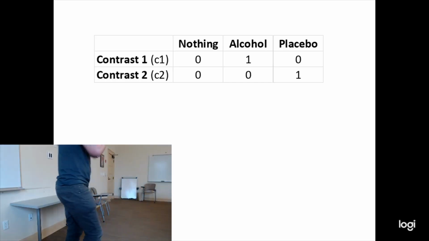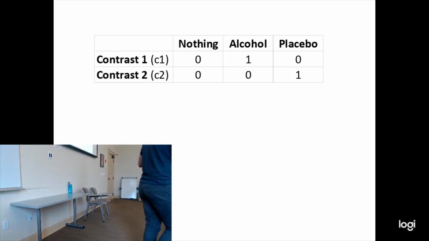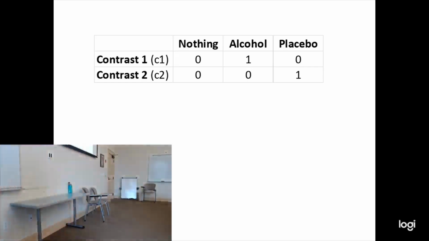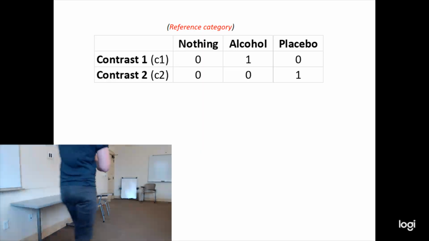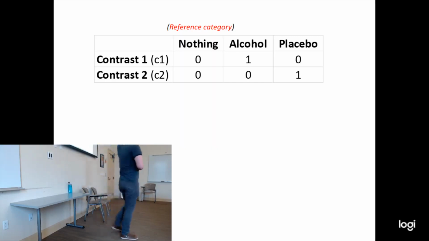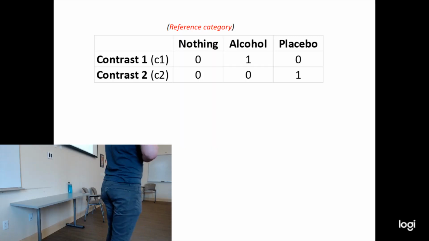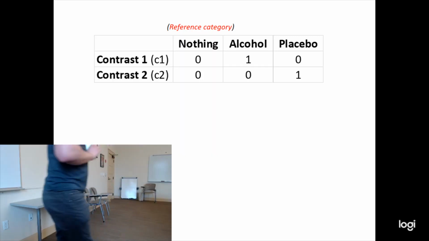There are a couple of differences between this coding scheme, this set of contrasts, and the sets of contrasts that we've worked with so far. First, a bit of terminology. This category that gets zeros the entire time for both contrasts is called a reference category or a reference group. I'll describe why that's true in just a bit, but just note that I'm going to be using that term, reference category or reference group.